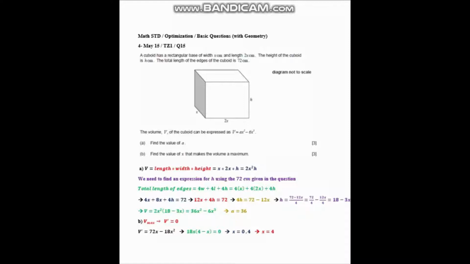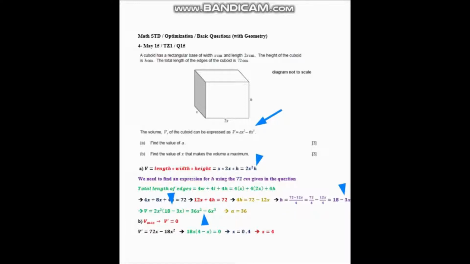What remains for me to do is to take this expression and insert it instead of this h in order to obtain an expression for V that is entirely in terms of x. So 2x squared times 18 minus 3x, and then I distribute and expand, obtaining this expression: 36x squared minus 6x cubed. They want an expression in the form ax squared minus 6x cubed.